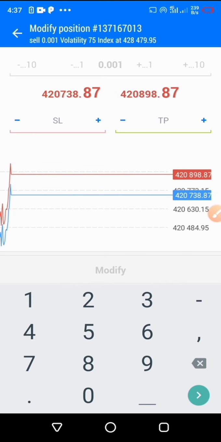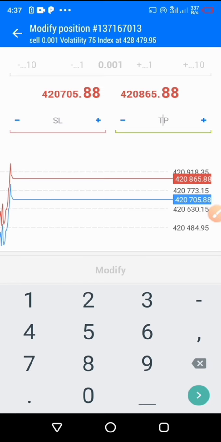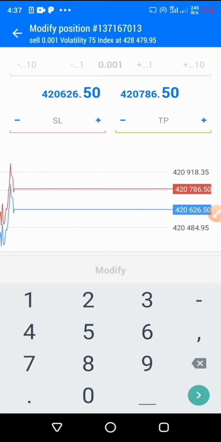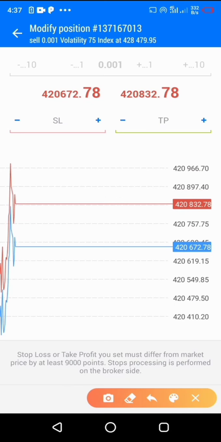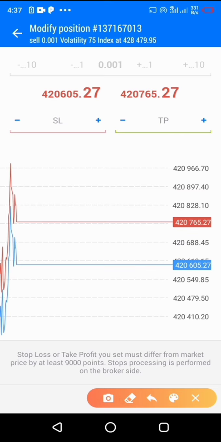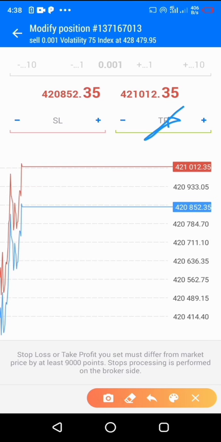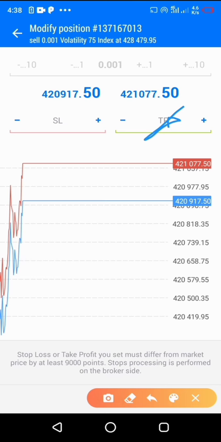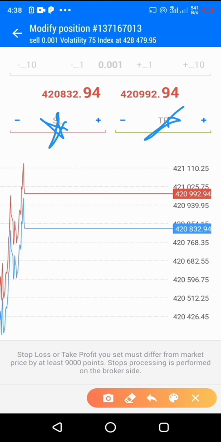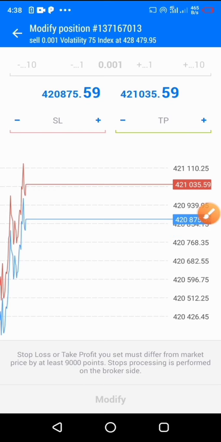If it's a buy trade, you add 3,000 points to your current price and include that final price as your take profit level. Secondly, you subtract 1,000 from your current price and put it as the stop loss, then click on done, and you modify.